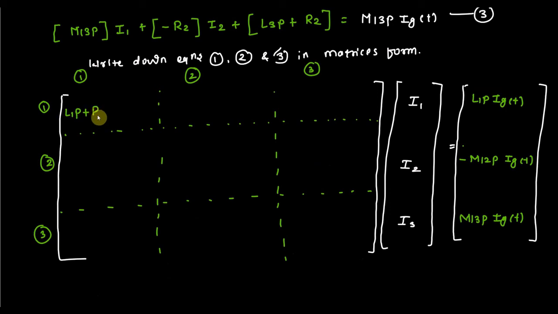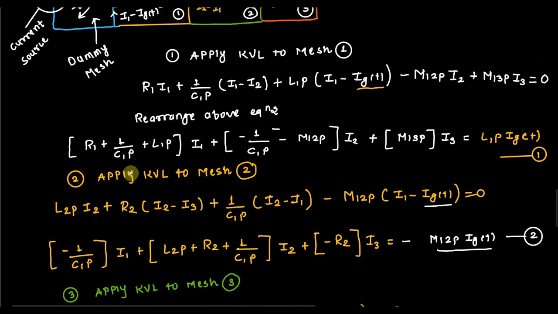L1P plus R1 plus 1 upon C1P. You can see here in the first equation R1 plus L1. See, the second term is this one, minus 1 upon C1P minus M12P, and the third one is positive M13P.